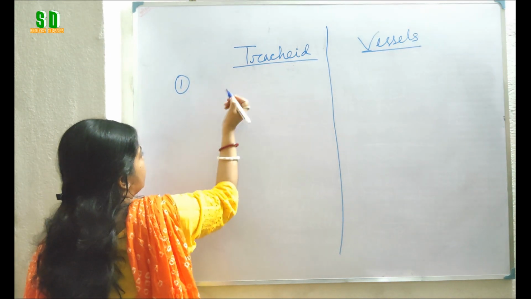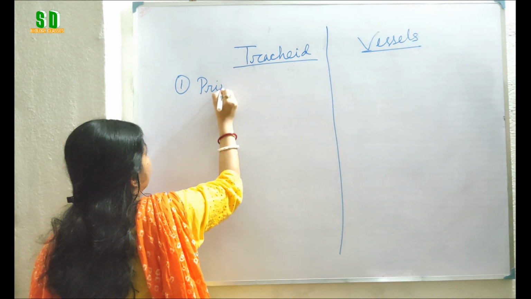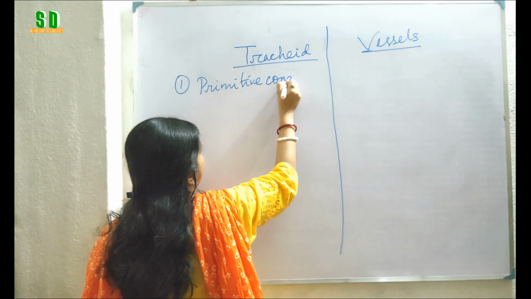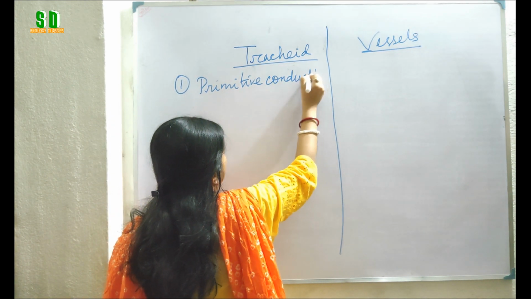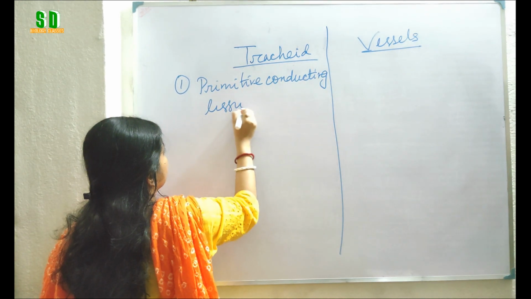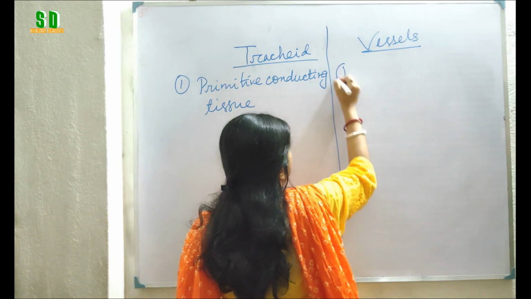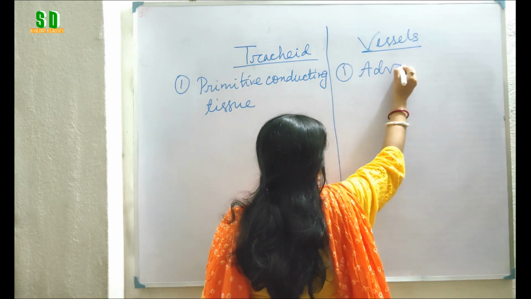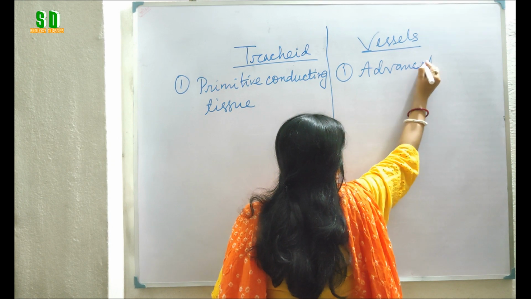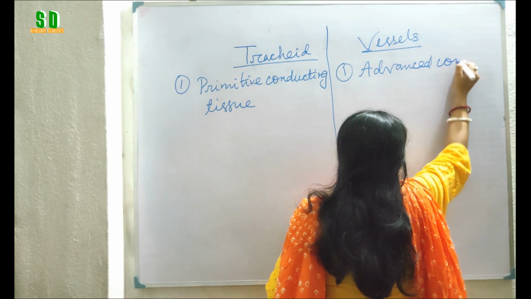First of all, tracheids are a primitive type of conducting tissue, whereas vessels are an advanced conducting tissue.